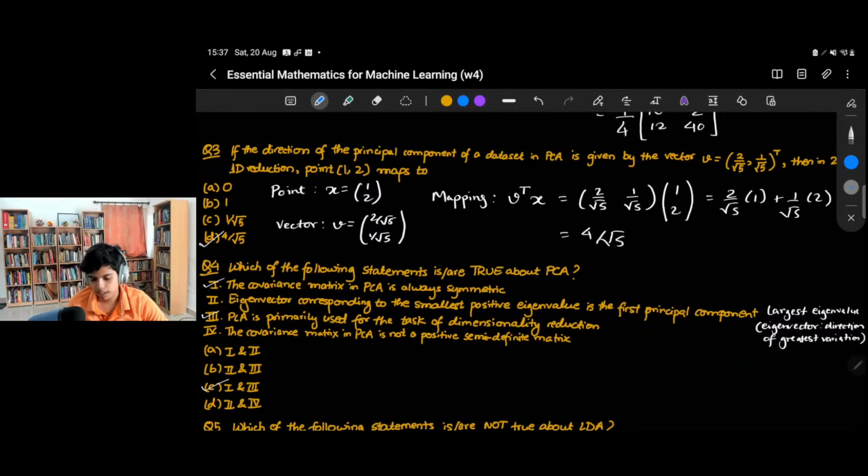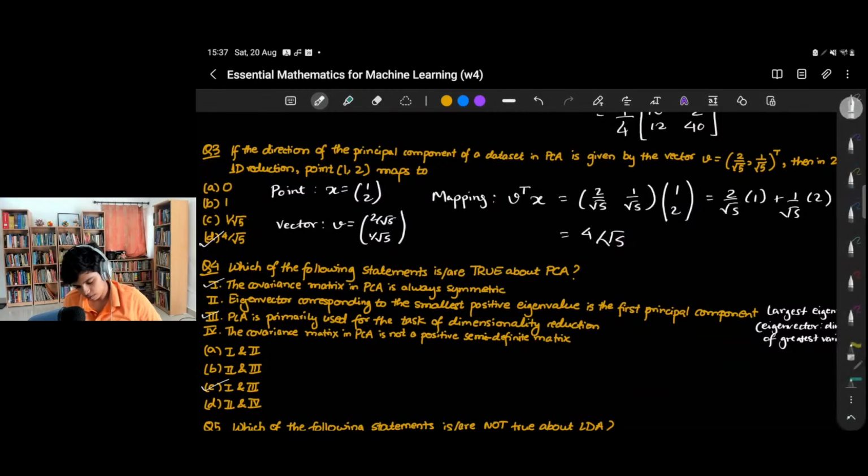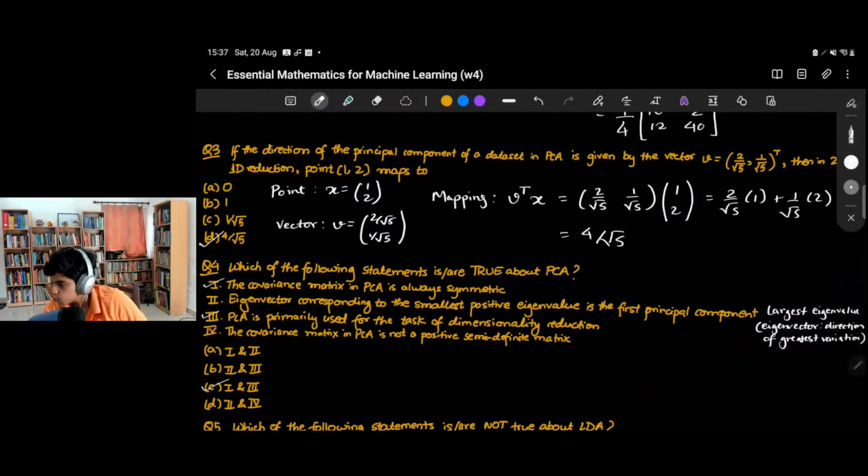So what you want to say, you want to write this as what? Let me see what you have written in the chat box. You have written X transpose V. So if you write it as X transpose V, then you have this, and then your V is.